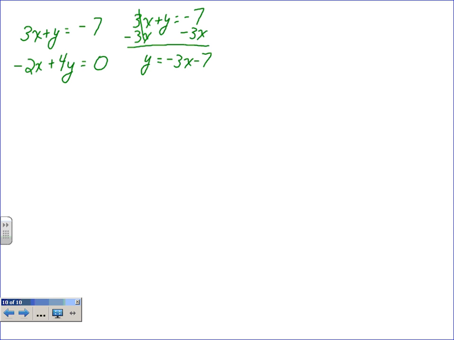That's what y is. And what am I going to do with that? I'm going to substitute it in for y. I'm going to take what y is equal to in one equation, and I'm going to put it into the other one for y.